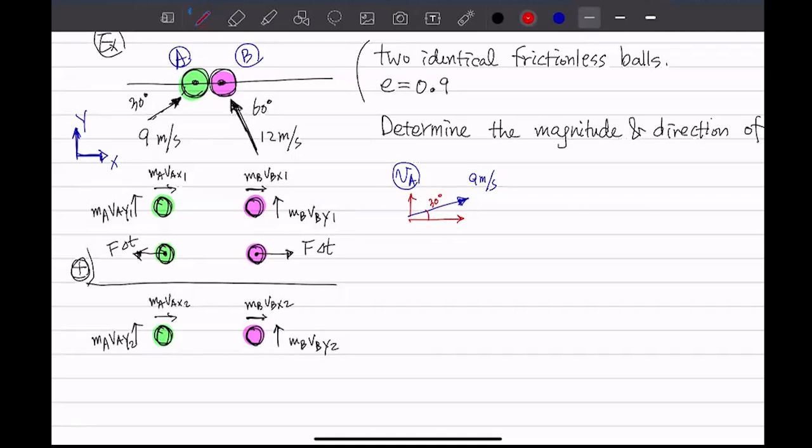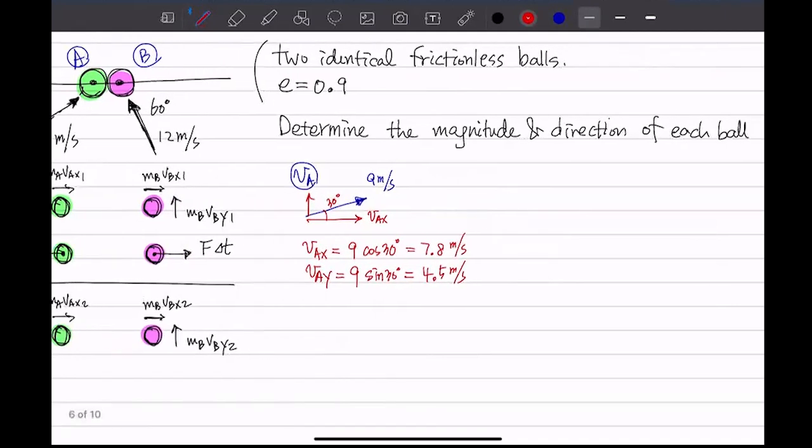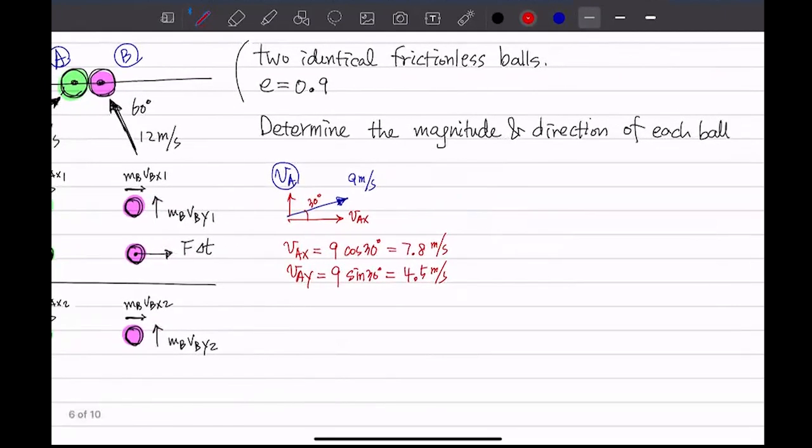So VAX is going to be 9 cosine 30. This is VAX, right? And that is going to be 7.8 meter per second. VAY is going to be 9 sine 30, and that's going to be 4.5 meter per second. All right? So that's that.